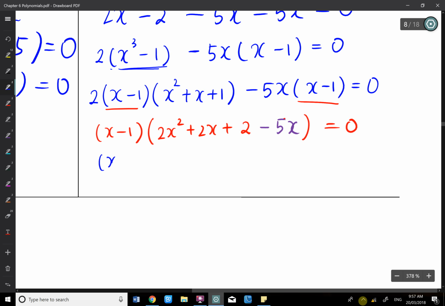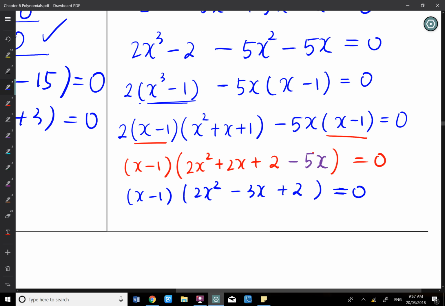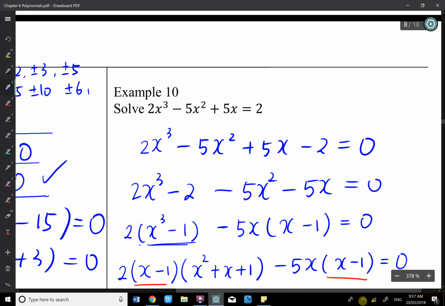So what I have is x minus 1, 2x squared minus 3x plus 2 equals 0. Do I get it right? I'm not sure. I'll try.